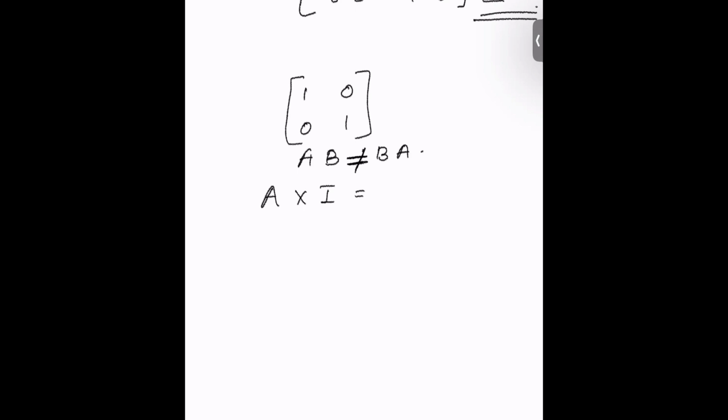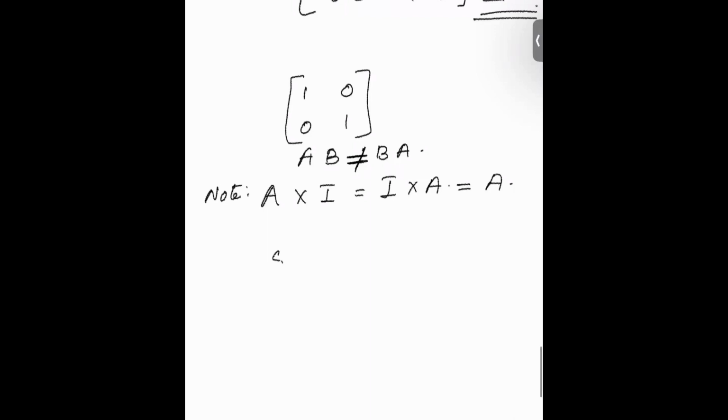But in this case, when you multiply identity matrix with A, or A with identity matrix, both will result in A itself. So this is an important point that you need to remember.